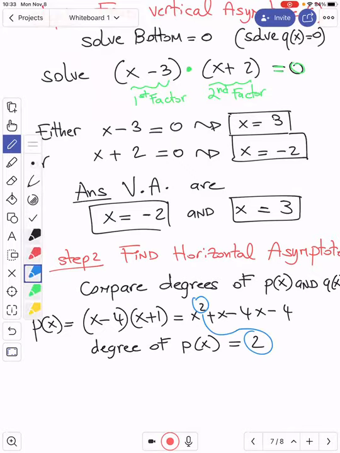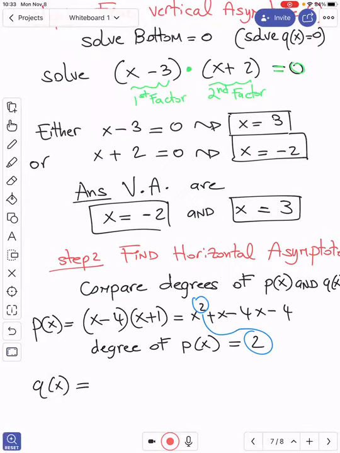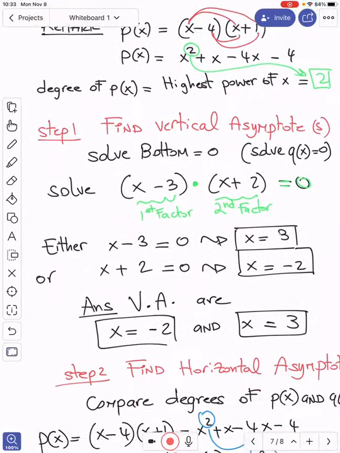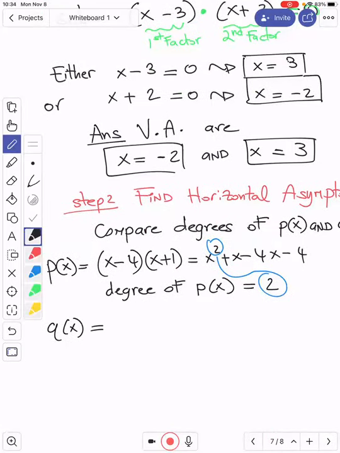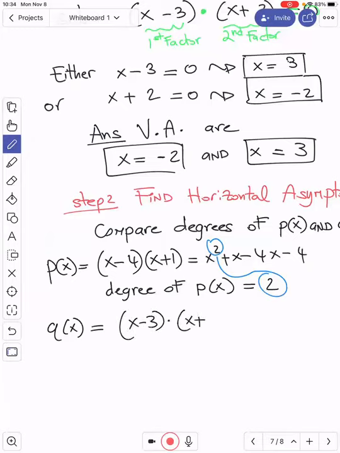Same thing for Q. Q is x minus 3 times x plus 2. Again, you distribute, so you have x squared plus 2x minus 3x minus 6.